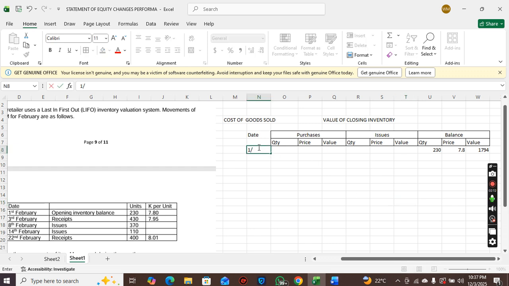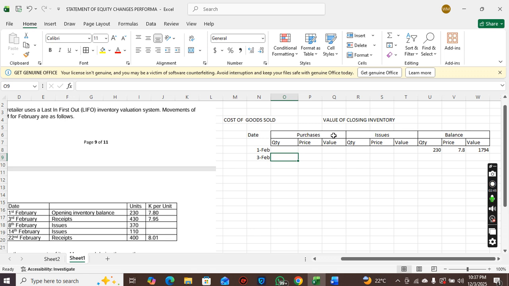So here, on 3rd February, we purchased. Receipts just means purchases. We purchased 430 units.